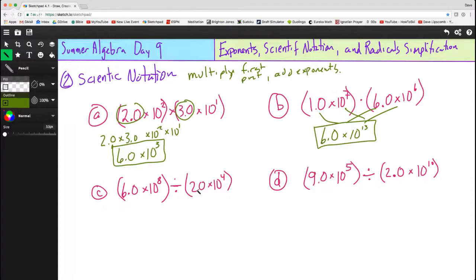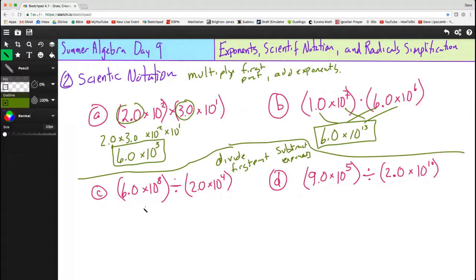Now here dividing is just a little bit opposite of multiplying. Instead of multiplying, you divide the first part and you subtract exponents. Okay, and why is that?